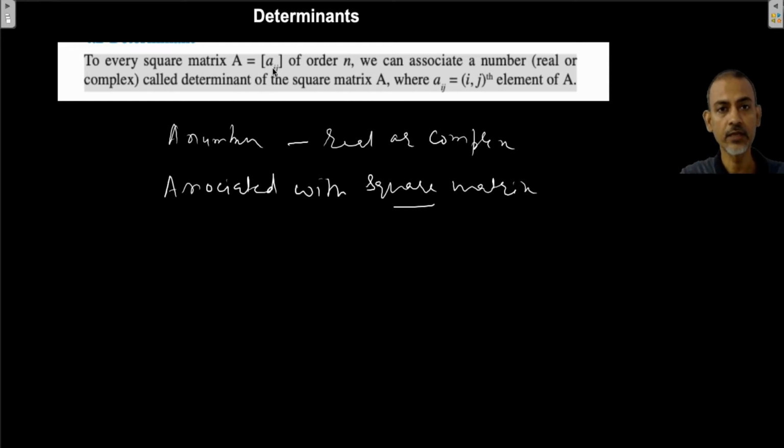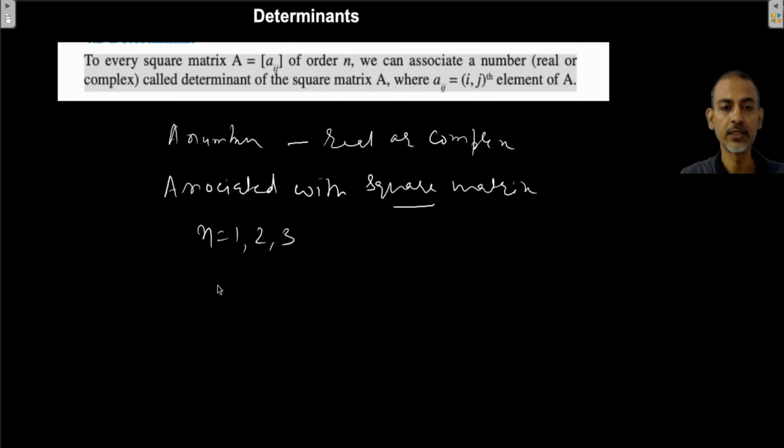It is associated with a square matrix of order n, which could be 1, could be 2, could be 3, anything. All these square matrices will have a number associated, which is called a determinant. That is the definition.